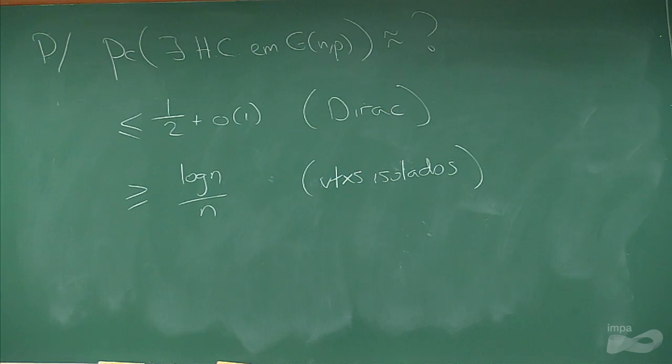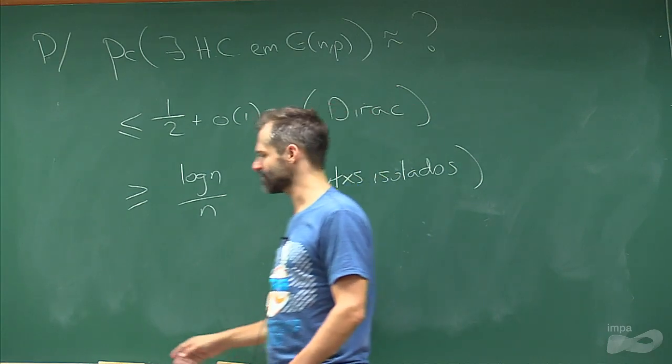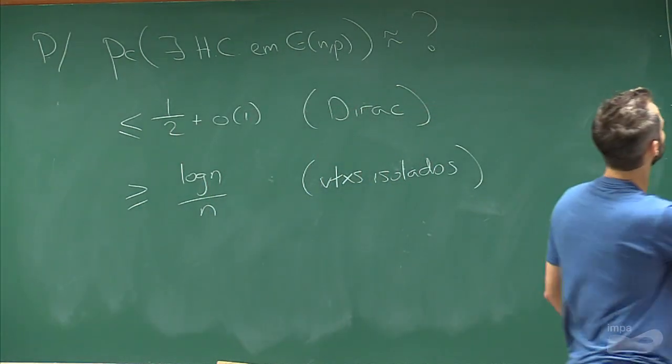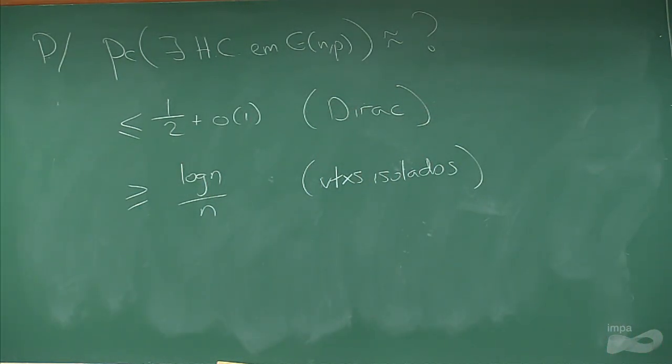Sorry, so we can beat the isolated vertex a little bit by using this observation, right? I don't know if that gains you just a constant in front of the log n. Or does it even gain that? Sorry, not even that. It gains you a tiny bit.